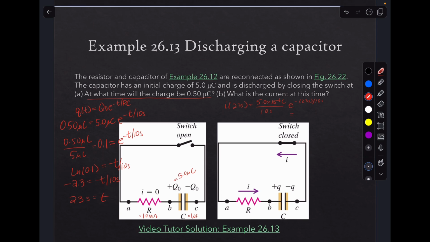All right, so let's find out what I is. We have 5 times 10 to the minus 7, because I divided by 10, times e to the negative 2.3. And we get a very small current of about 5.08 times 10 to the minus 8 amps, coulombs per second.